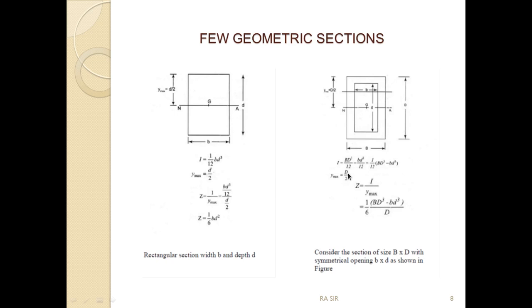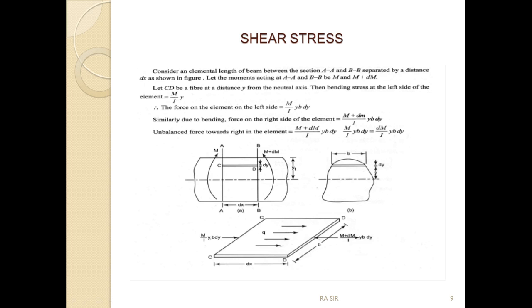Z will be I by y max, and that gives 1 by 6 of BD cube minus small bd cube, divided by D. These are the two examples of how to deduce the value of Z. This last portion gives the conclusion of bending stress.